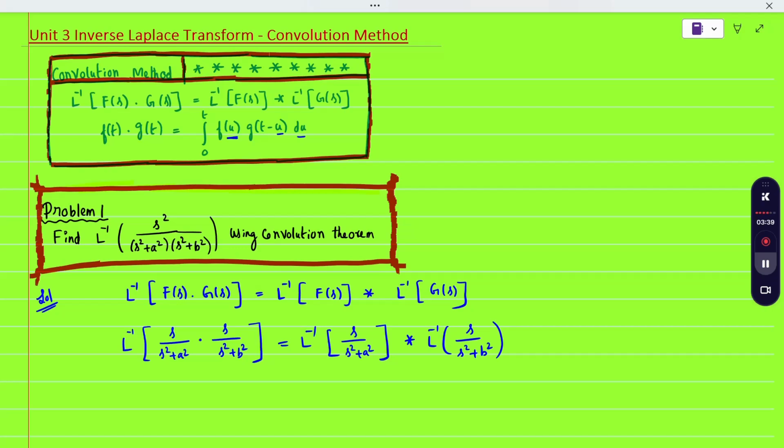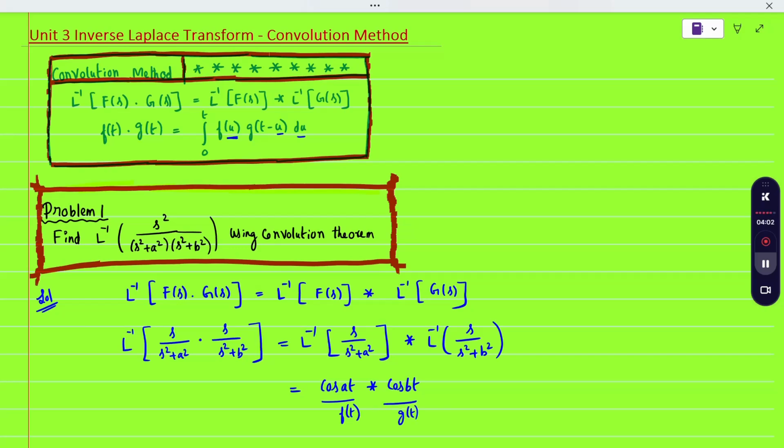S divided by s squared plus a squared is nothing but cos at. This s divided by s squared plus b squared is cos bt. So what is the answer I am getting? Cos at star cos bt. This is my f of t. This is my g of t.